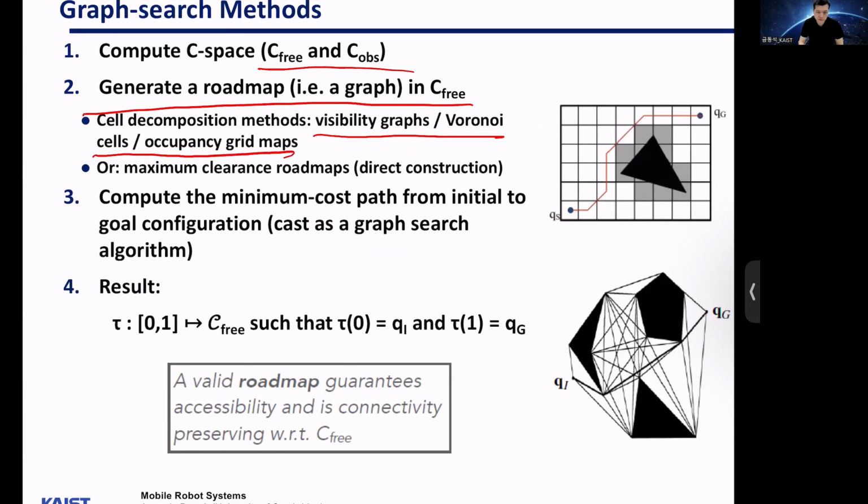There are many different ways of generating a roadmap. Then compute the minimum cost path from the initial to the goal configuration. This is the graph search algorithm that you have to employ to find the solution, and you get the resulting path and trajectory.